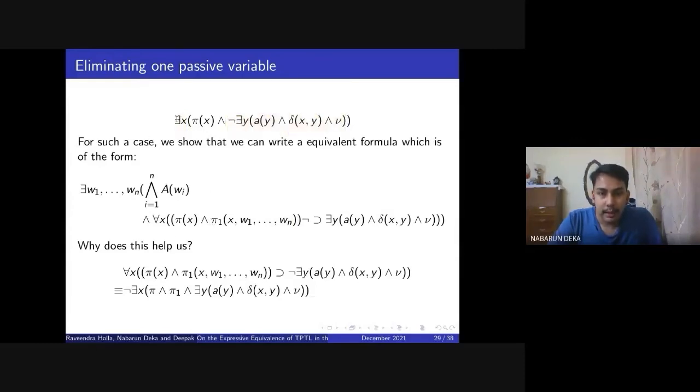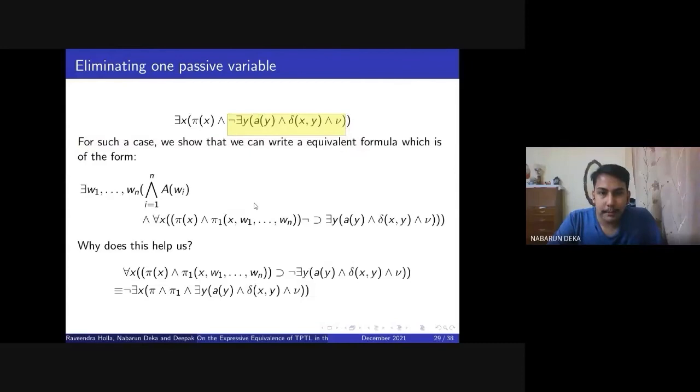Hence, this formula we can rewrite as this formula. So we add a few additional variables, w1 to wn, which are active variables. We stipulate that they are active variables, and we say that for all x in the interval pi and pi1, so it is the intersection of pi and pi1, the right hand side holds, that is, this holds.